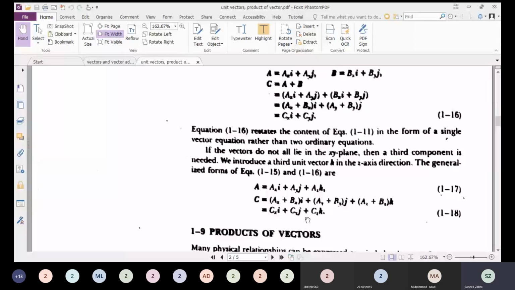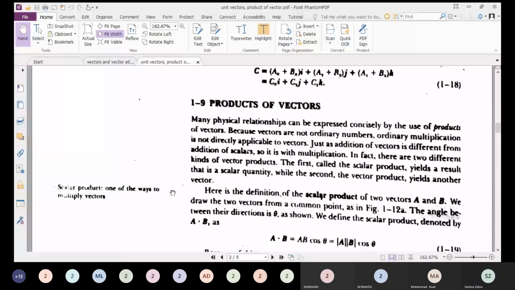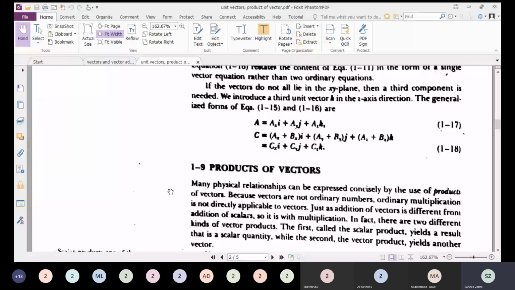Now we have products of vectors. There are two types of products of vectors. Product means multiplication. Its multiplication is different from that of scalar quantities. You cannot just multiply 2 into 3 equals 6. Here the multiplication comprises rules.